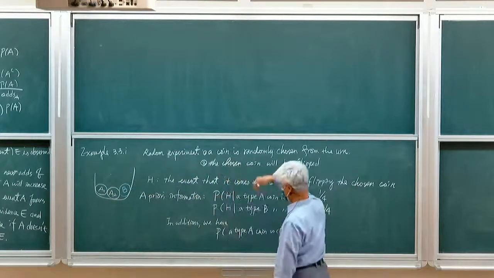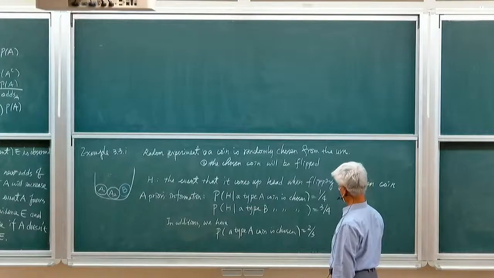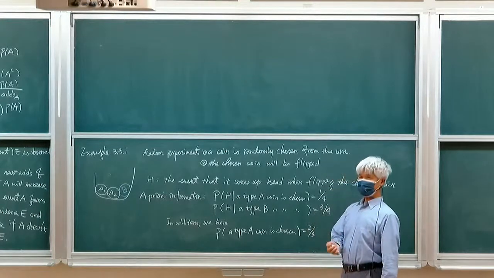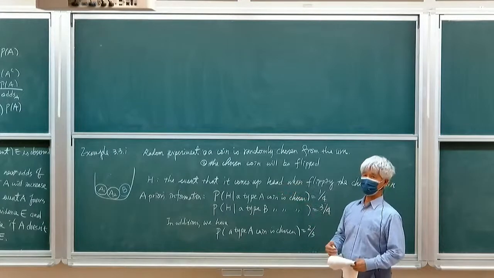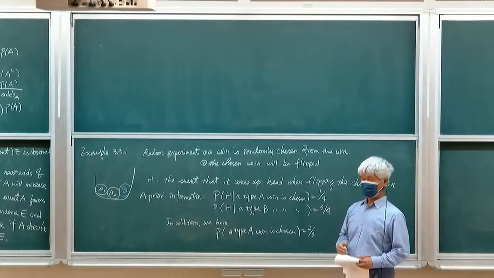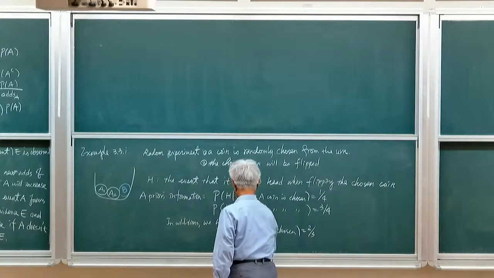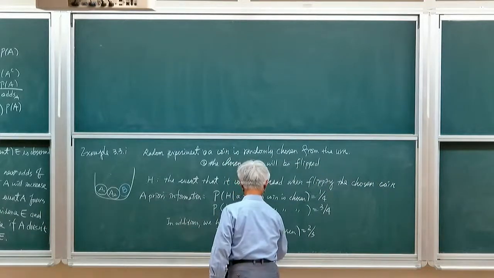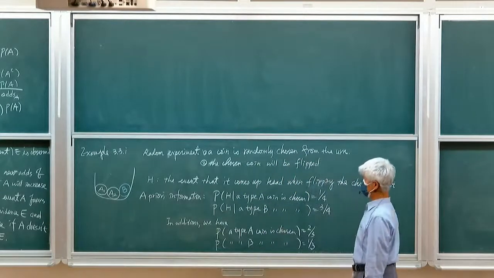And we select the coin randomly, so we basically assume that the coins are equally probable to be chosen. And the probability a type B coin is chosen is 1/3.